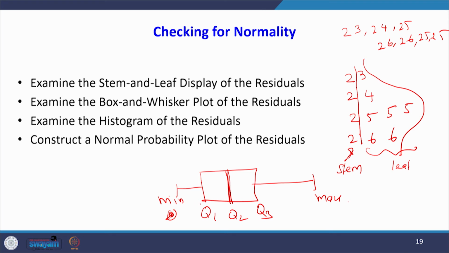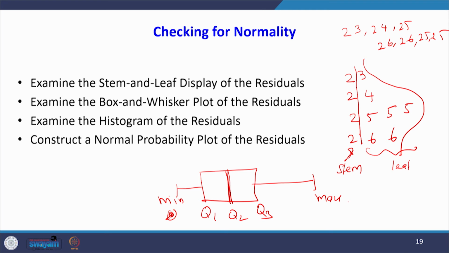If this line is on the left hand side, we will say that it follows a skewed distribution, that means it is right skewed. If the middle line is on the right side, we can say that the data is left skewed.